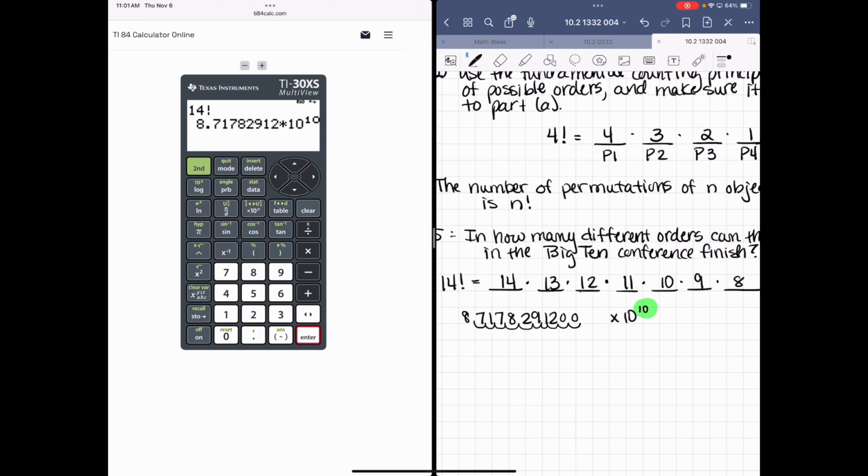So this winds up being 8, 7, 1, 7, 8, 2, 9, 1, 2, 0, 0. So there are 87,178,291,200 different ways we could order those 14 teams.